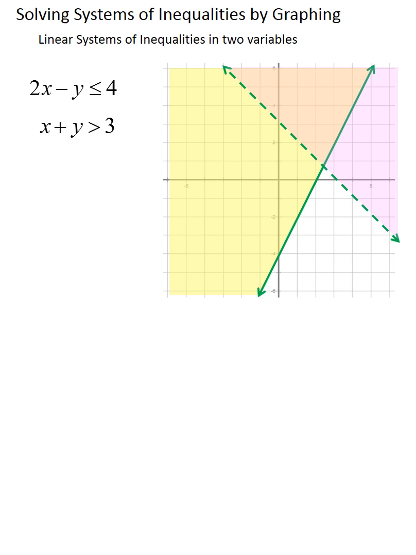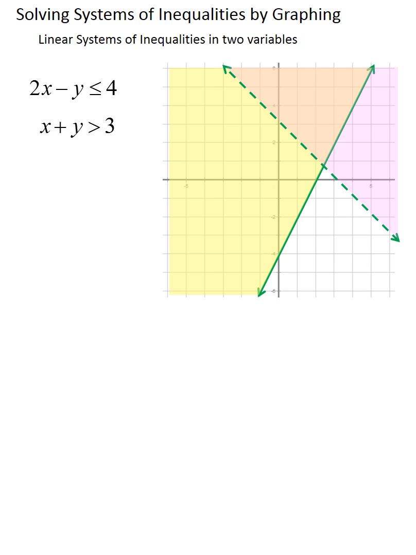But up until this point, we've essentially treated each of these inequalities as if they were separate and unrelated math problems. But they're not. The entire system is one problem. And recall, we're looking for points that make both inequalities in our system true. So here's the logic.